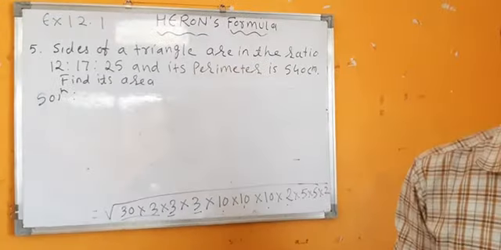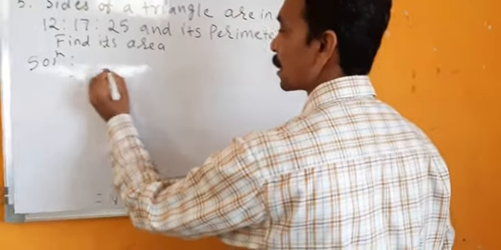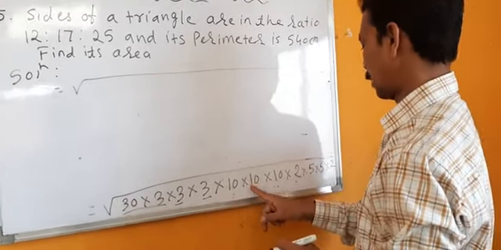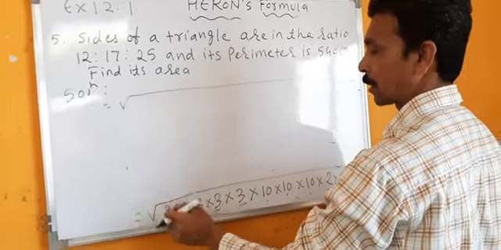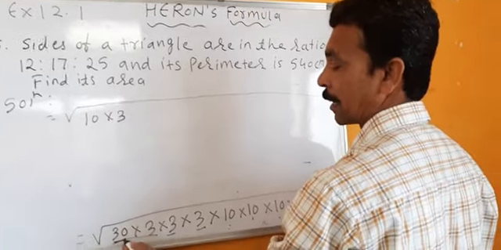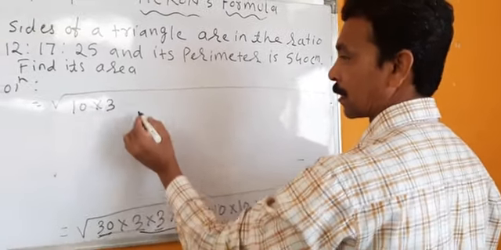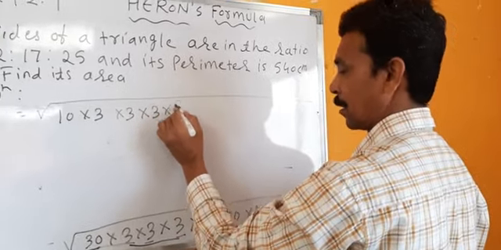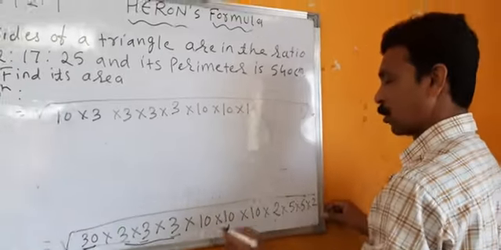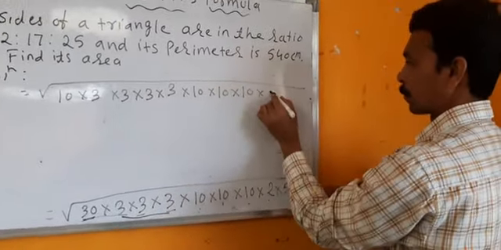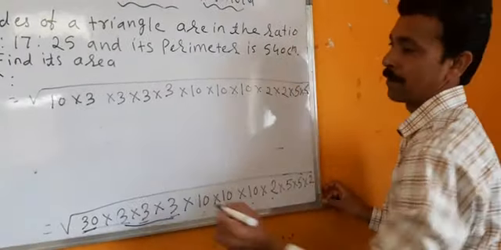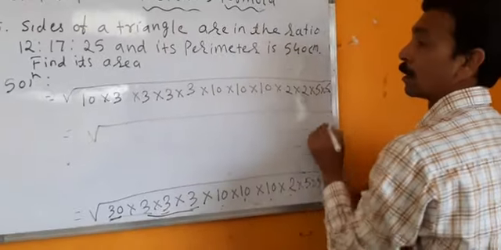Now this is the last step. It becomes 30, again I can write 30 as 10 into 3. 30 can be written as 10 into 3 into 3 into 3 into 3 into 10 into 10 into 10 into 2 into 2 into 5 into 5.